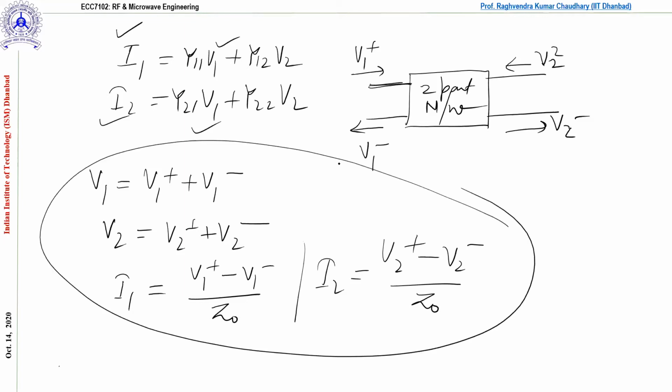So this is what we did: we tried to write the incident and reflected voltage wave and current wave.